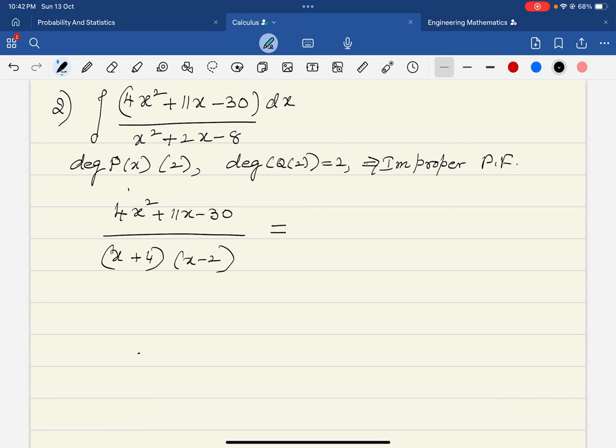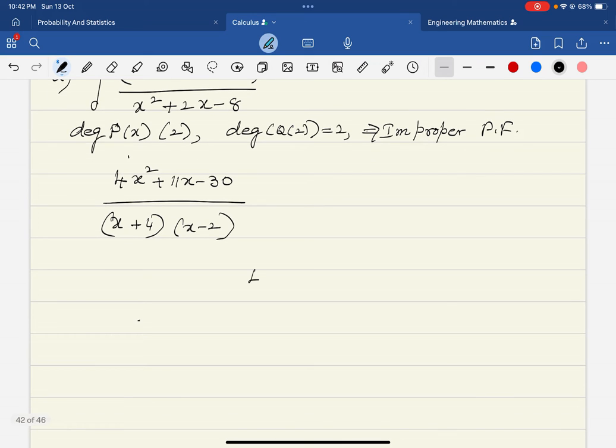So always we have to do this with the equation. Let us solve that first and then let us introduce the factors. Okay. So let us now divide this as what? 4x square plus 11x minus 30, and then we divide this by x square plus 2x minus 8.